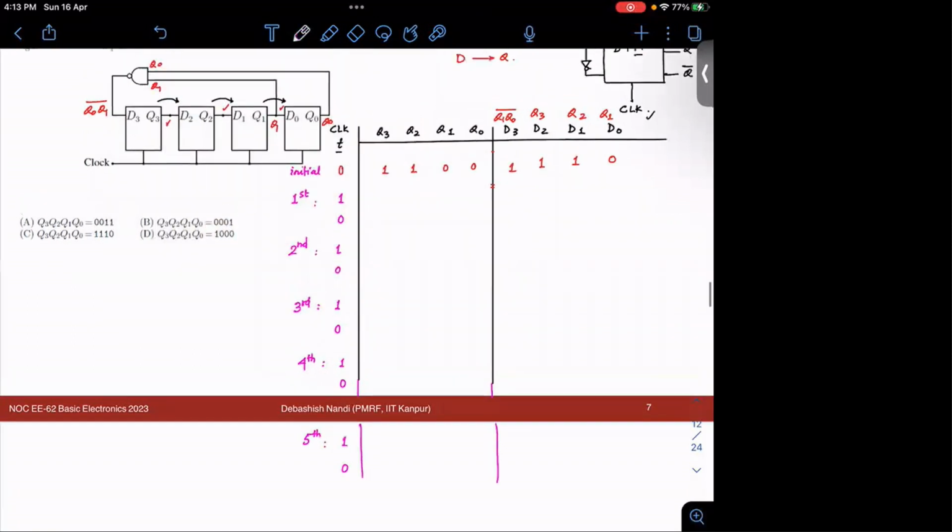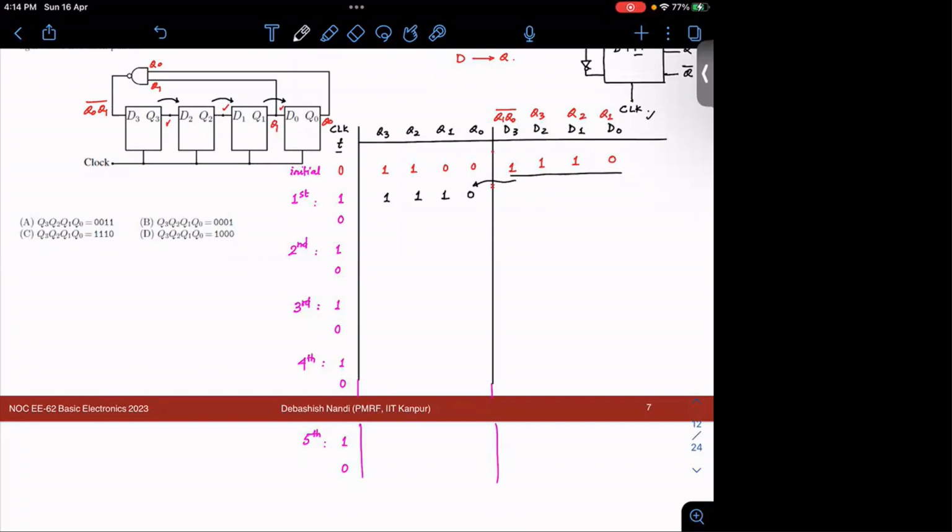So, whenever your first clock pulse is applied, the data that was previously stored in the previous clock pulse will be transferred to your Q3 Qs. That means this one will be transferred here in the next clock pulse. Fine.